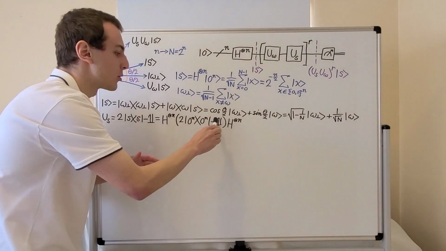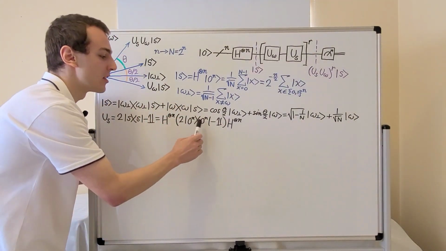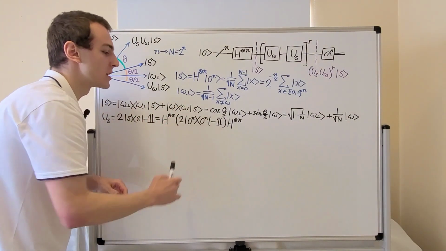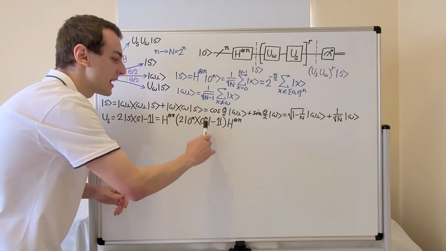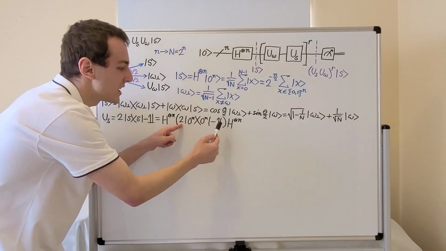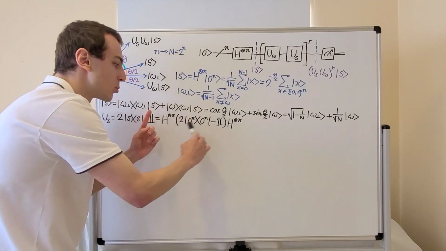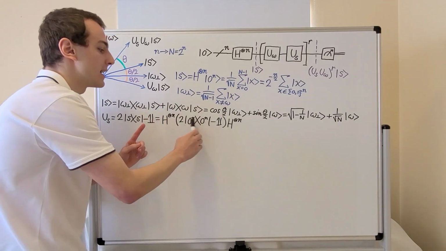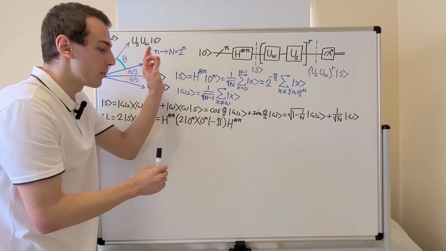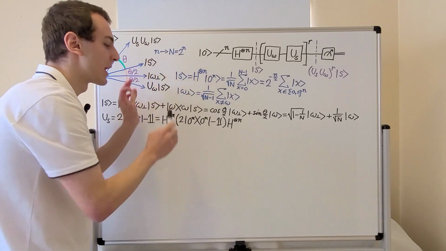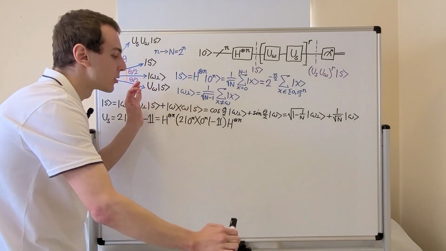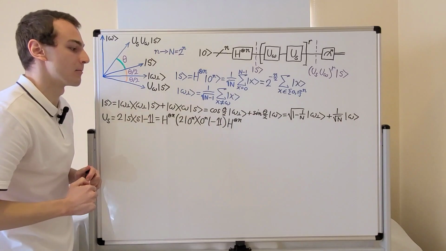We're introducing a minus sign on all of the terms except the first term. That's the term that corresponds to all the zeros. This sign gets flipped. We have 2 minus 1, which is plus 1. So we have a plus 1 on the term that has all zeros. So that's at the top of the matrix, the top left of the matrix. And all the other diagonal entries are going to have a minus sign.